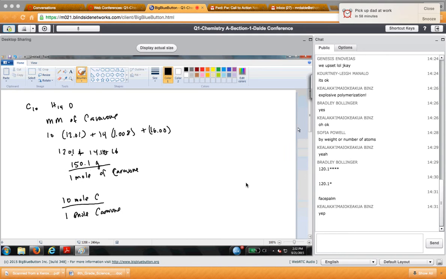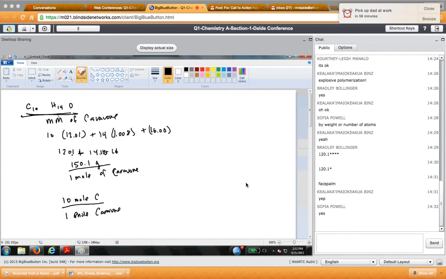Does that make sense? If you look at the formula, if you have 1 mole of this stuff, how many moles of carbon do you have? We have 10 moles altogether. Of carbon, that is.